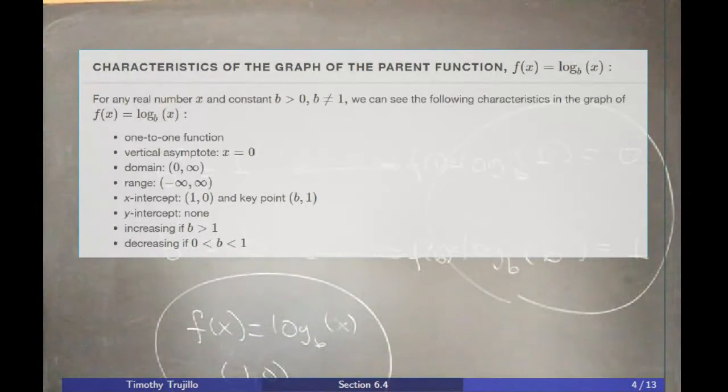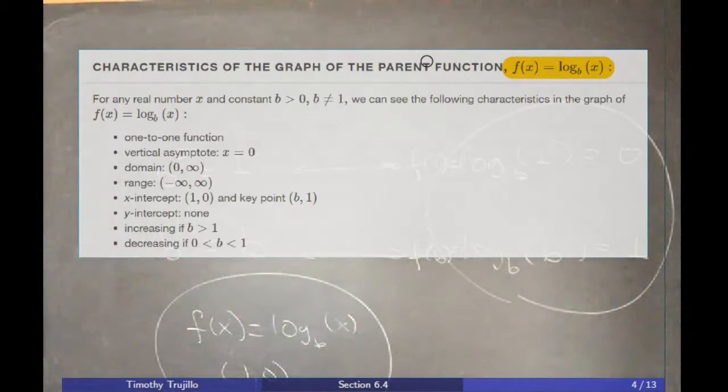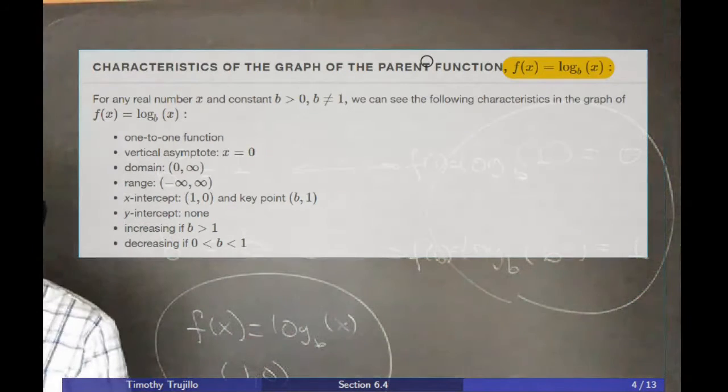Here we're starting out with the basic logarithmic function with base b, and that's going to be our parent function. Later on, we're going to shift it up and down and left and right and do some reflections with it. But for now, we're going to think about the properties of this function.